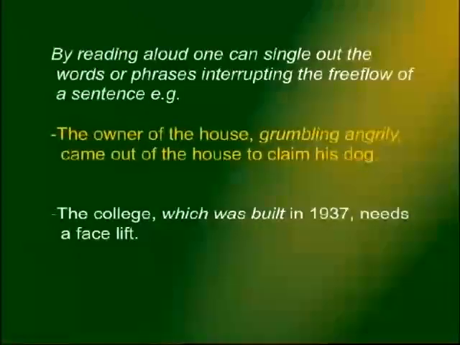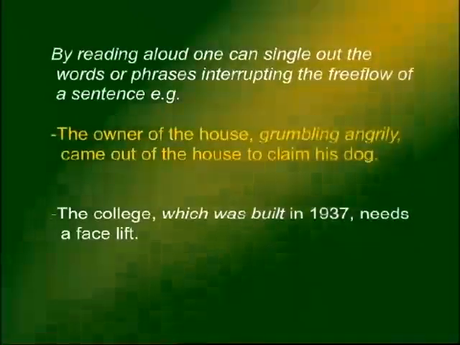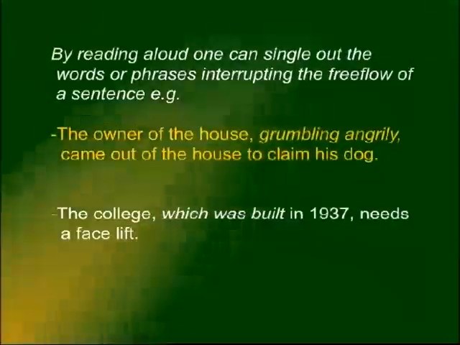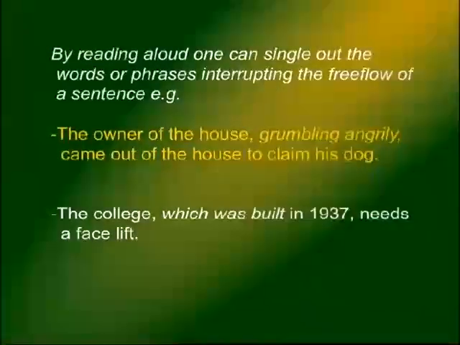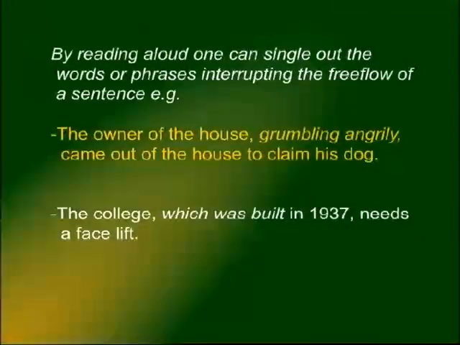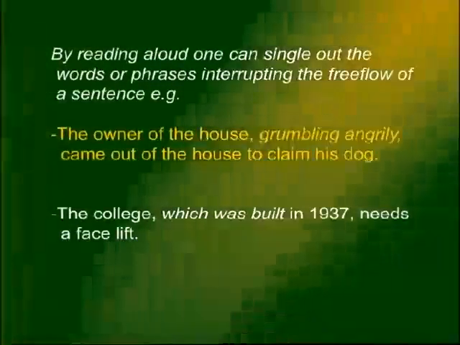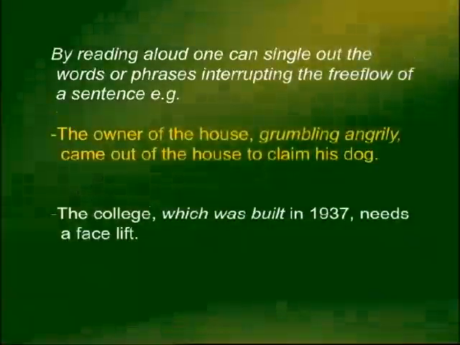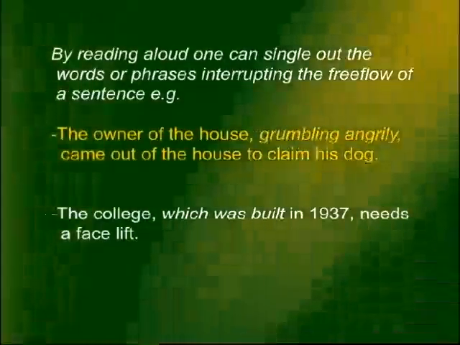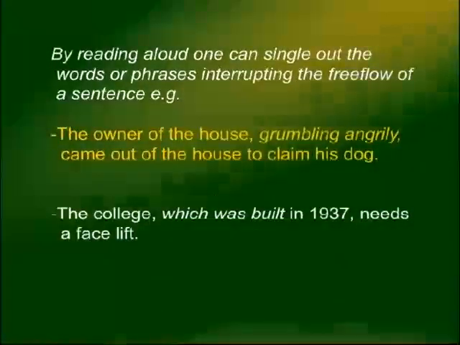Example: "The owner of the house, grumbling angrily, came out of the house to claim his dog." And notice the words grumbling angrily. It is added on, extra information, but not necessary. So this has to be set off by commas.